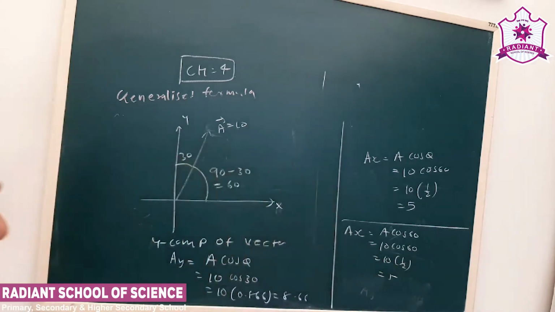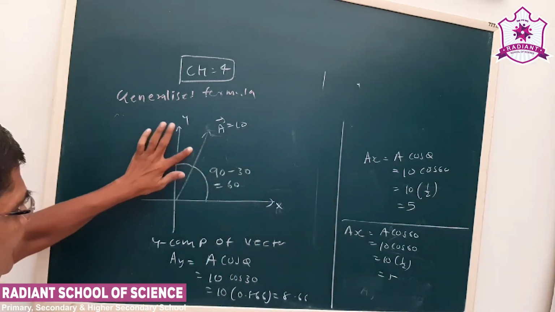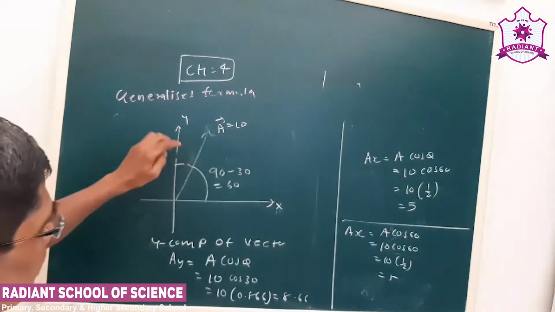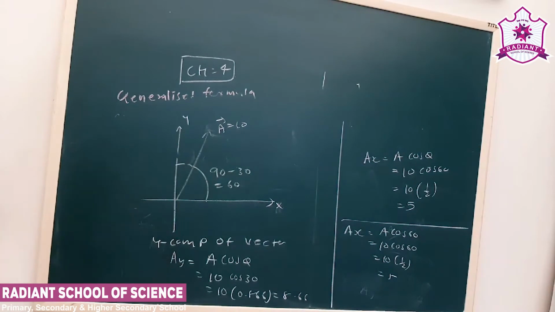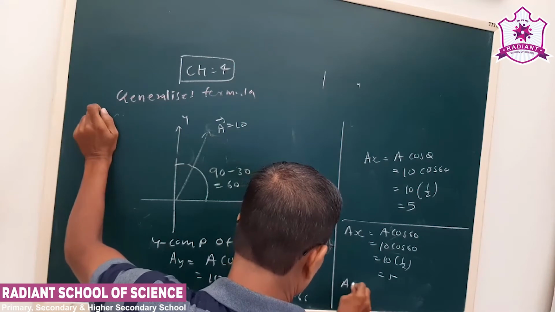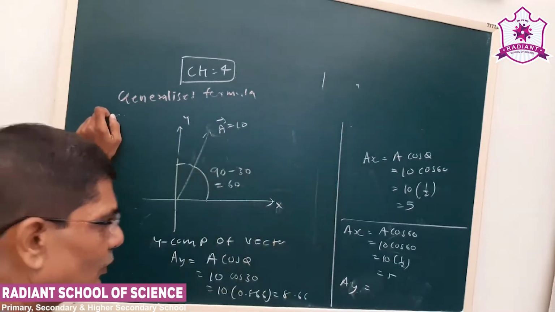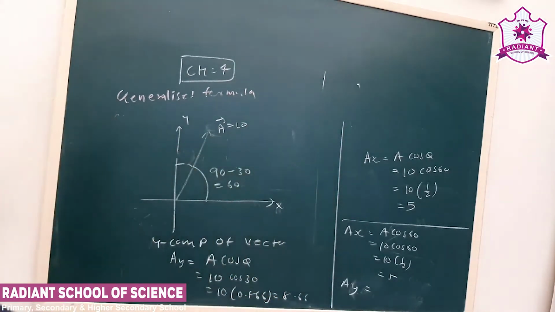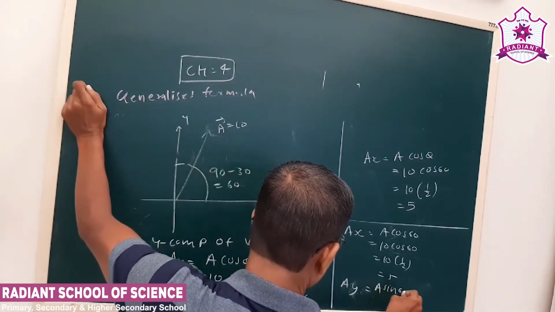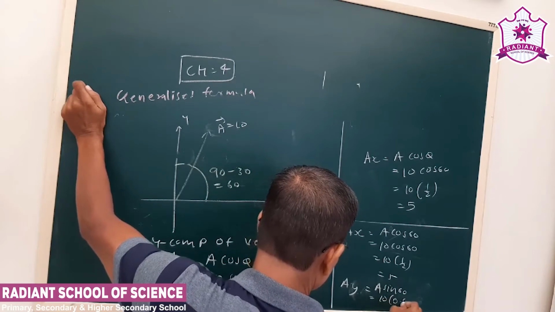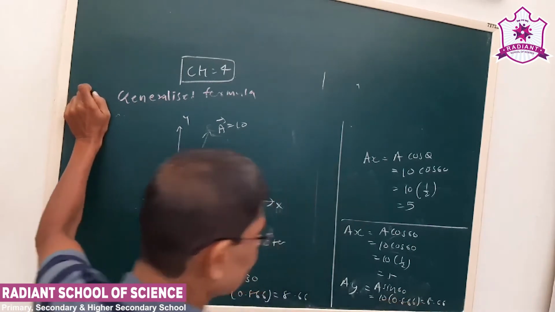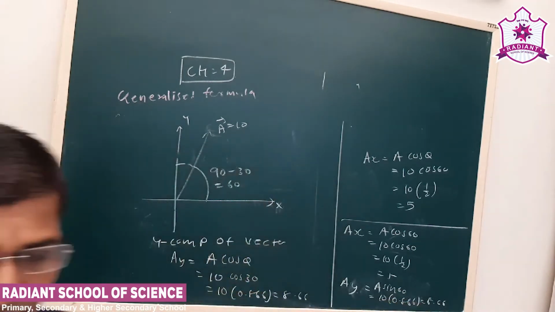Now see what I did: 30 was there, but the angle with the x-axis is 60. Once you convert it into this form, it becomes easy. This is our classical method, where we use the formula: x is cos and y is sine. So it will be 10 into sin 60. You get the same result.